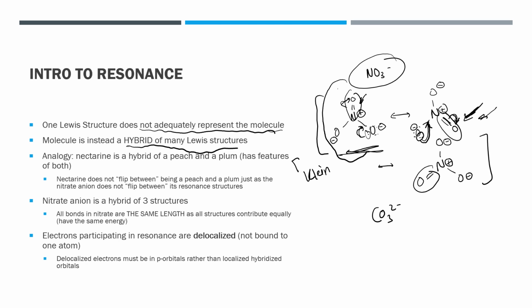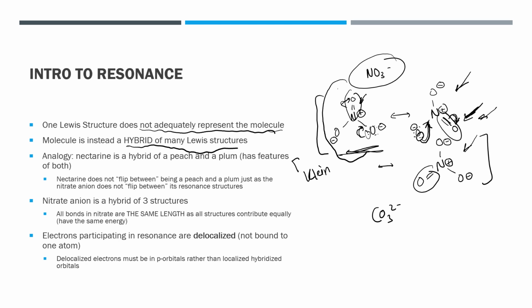If we look at these, each Lewis structure is basically equal in terms of how much it contributes because they're basically the same structure, right? It's equal in its contribution, and each Lewis structure has the double bond to a different oxygen. So all of these bond lengths are going to be the same.